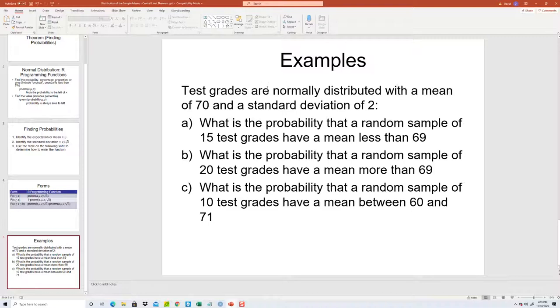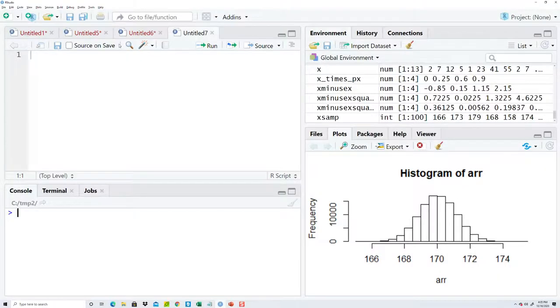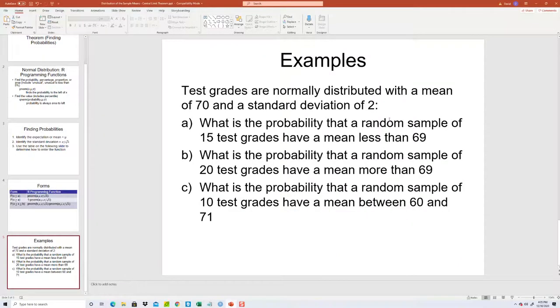Okay, so let's take a look at this example here. Test grades are normally distributed with a mean of 70 and standard deviation of 2. Okay, so mu equals 70. I don't have to put these separate. I could put them right in this one line, but I just want to emphasize this.